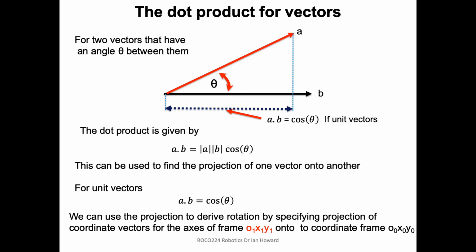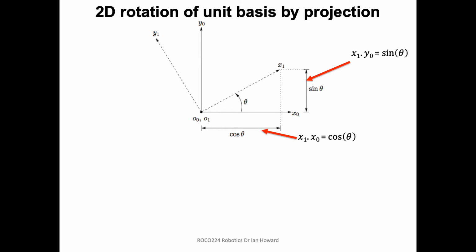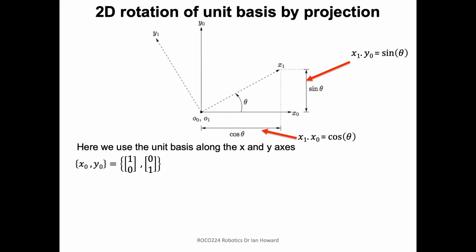So we can use these in order to specify projections of one frame onto another frame. Let's think about projecting x1 onto x0. Well, we know that that projection, for unit vectors, is going to be cos theta. If we project x1 onto y0 though, that's basically going to be the sine theta term.